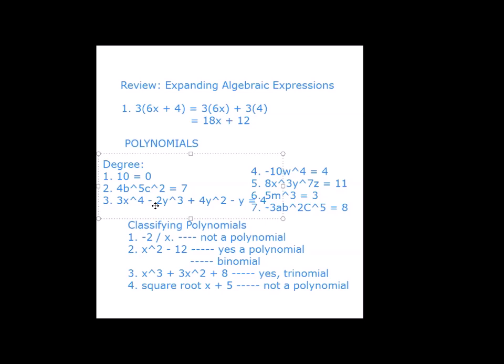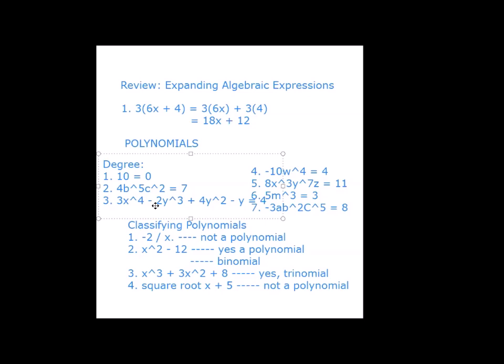Polynomials also can be classified by their degrees. The degree of a monomial is the sum of the exponents of its variables. The degree of a non-zero constant, such as n, is 0. The constant 0 has no degree.